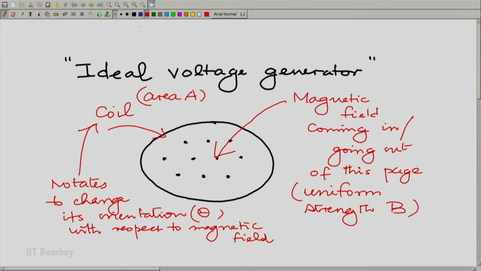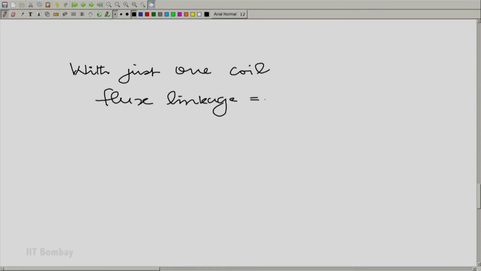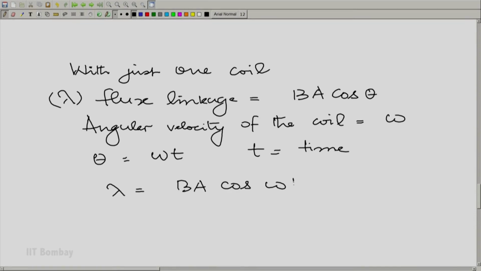This is the situation. So, we can now visualize. We have a flux linkage. You see, if you have just one coil, the flux linkage is BA times cosine of theta. And let us assume the angular velocity of the coil is omega, whereupon you have theta is equal to omega times t, where t denotes time. Let us denote the flux linkage by lambda, whereupon lambda is BA cos omega t.